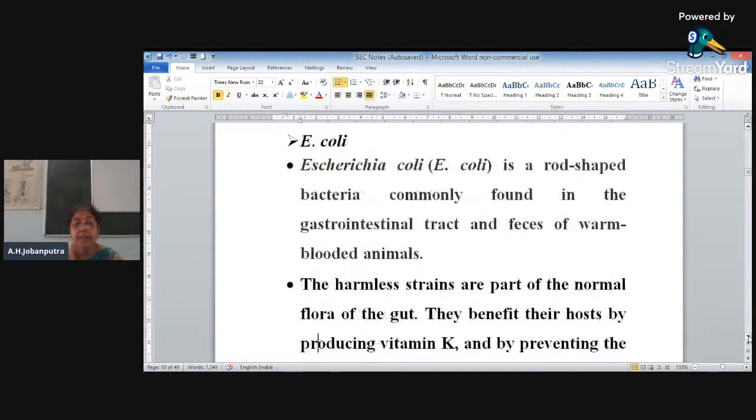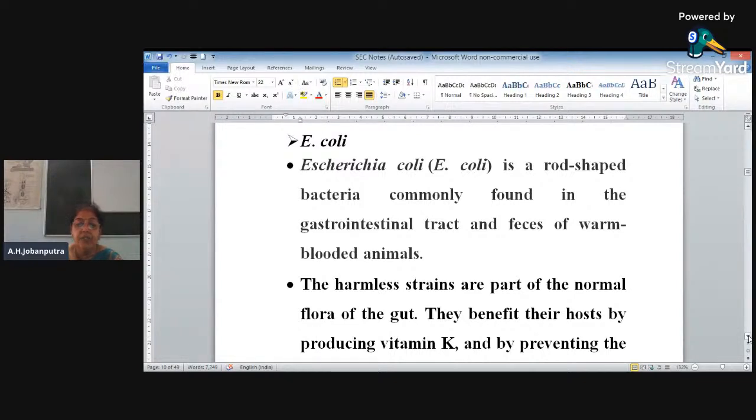Let us consider the first enteric organism, Escherichia coli or E. coli. This Escherichia coli is a rod-shaped organism found in the gastrointestinal tract, that is intestine, and feces, the waste material of warm-blooded animals. Human beings, they are warm-blooded animals. All mammals, they will be warm-blooded animals.